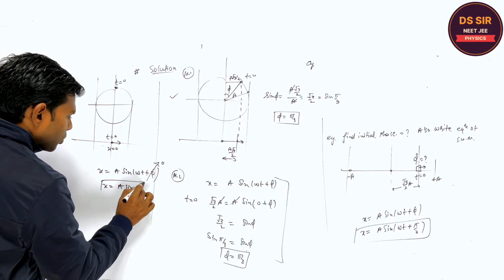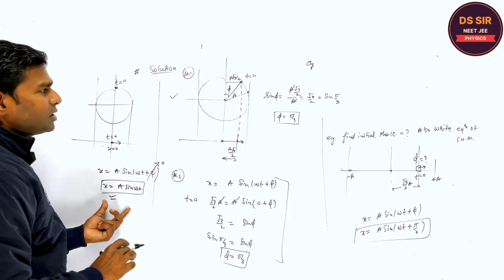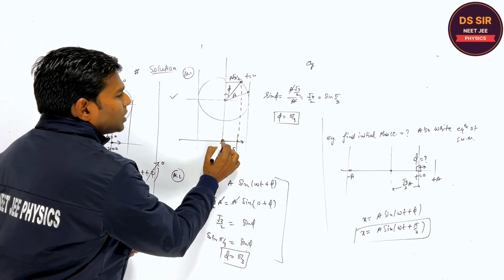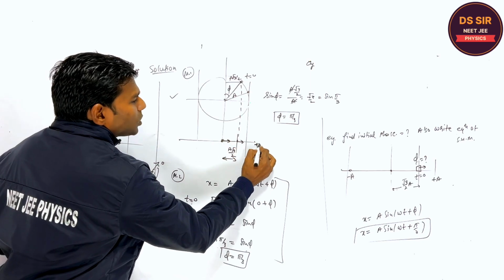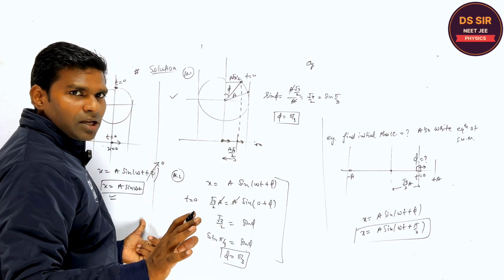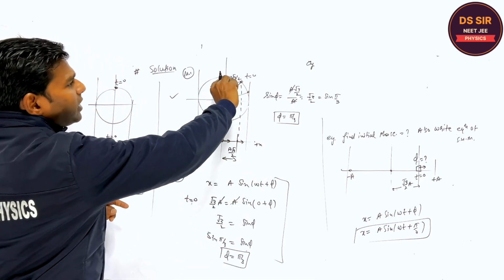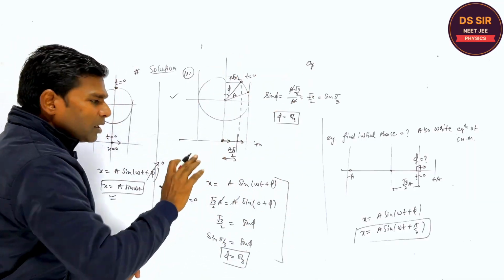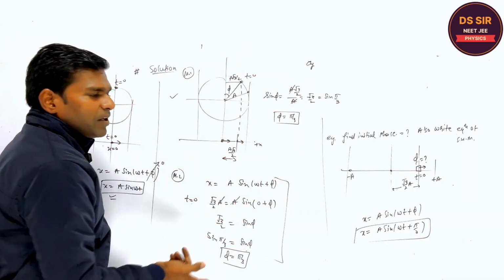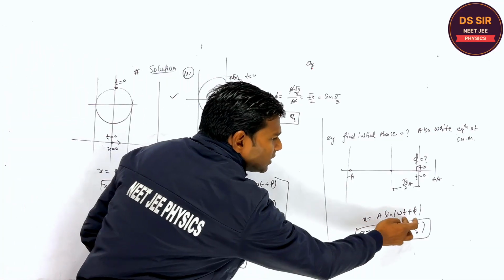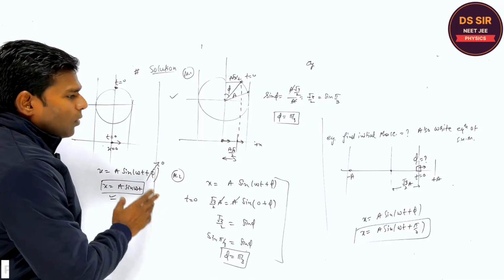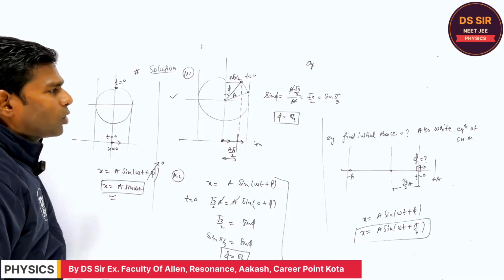This is only the special case when the particle starts from the mean position and moves towards the positive x-axis. Otherwise, if the particle starts its motion from any point other than the mean position, there would be some initial phase, and you have to write the general equation in this way. Copy this first, and I will give you a few more examples.